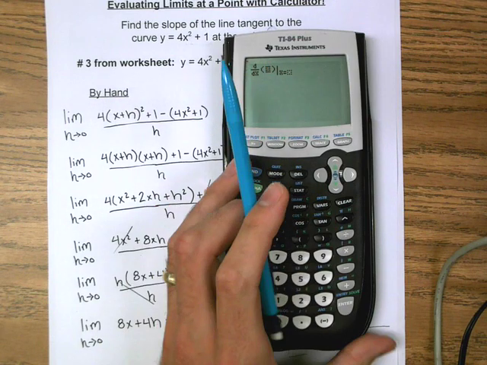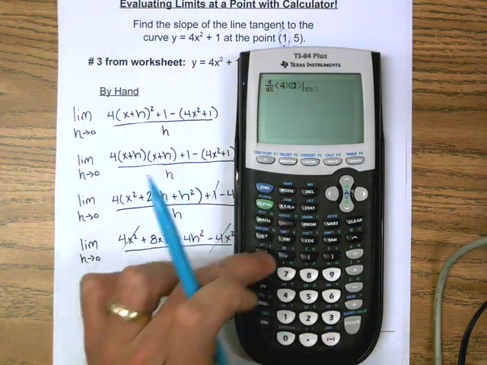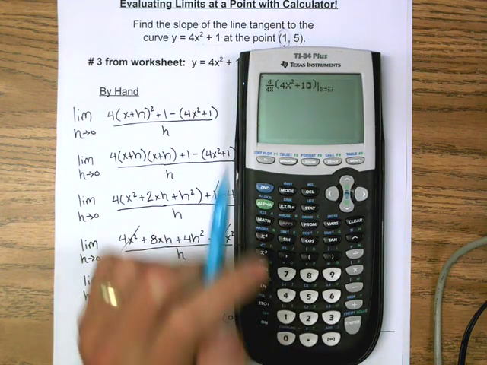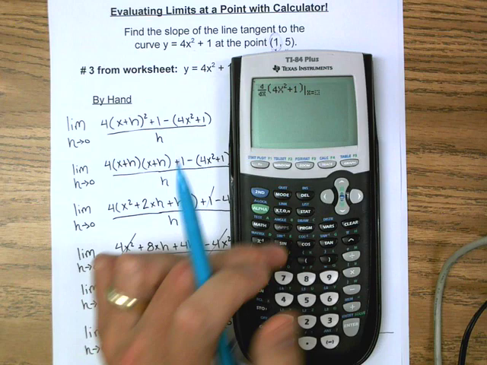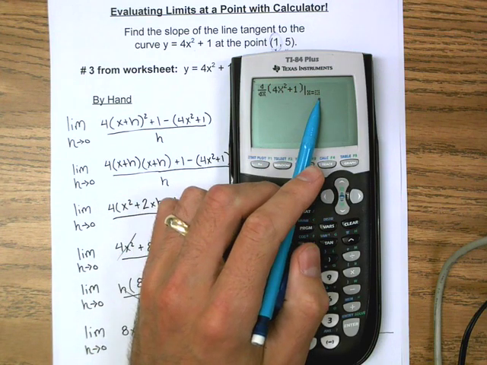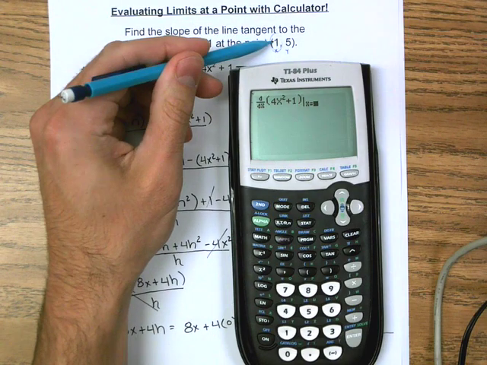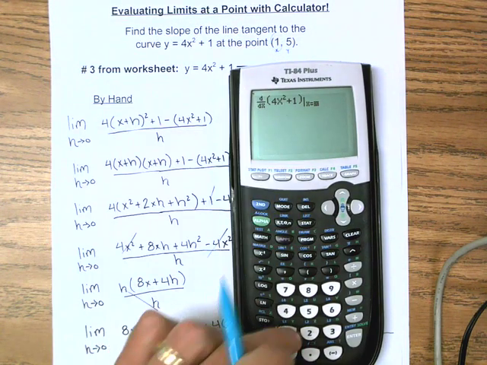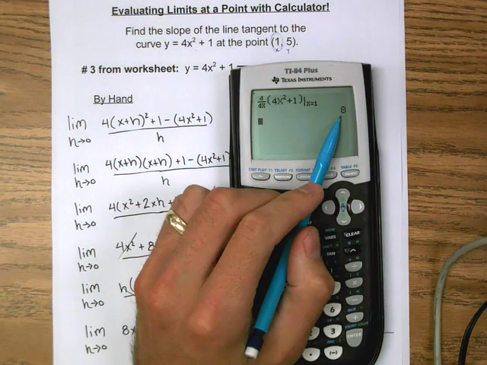Now we type in our function, 4x squared plus 1. Then, where are we evaluating it, at what point along the x-axis? Just look at the question: we're looking at when x is 1, so I type 1, hit enter, and there's our answer, 8.